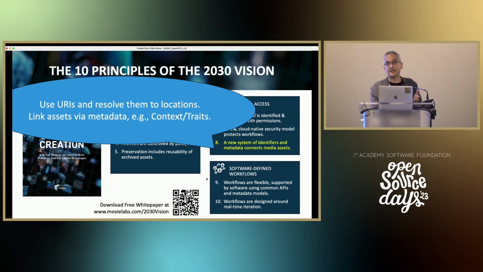Also, linking those assets is very important, and so linkage by metadata, relationships between all of these assets. We've worked on something called the MovieLabs ontology for media creation that tries to do some of that, and we're starting to do a CG asset extension to that.